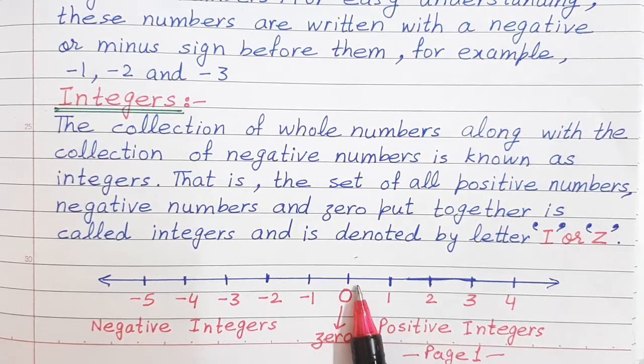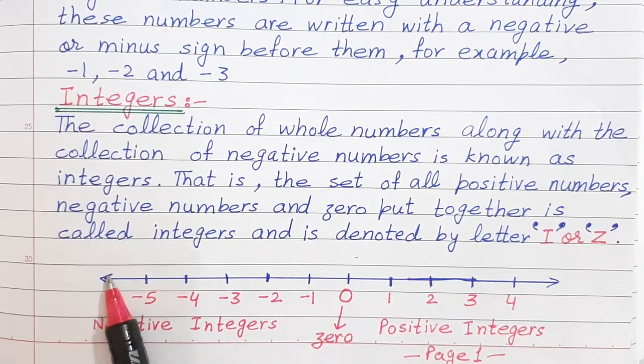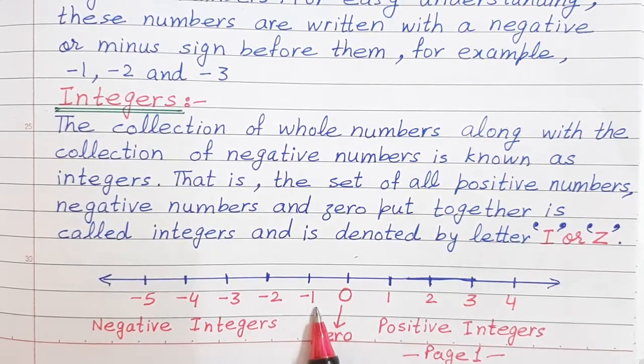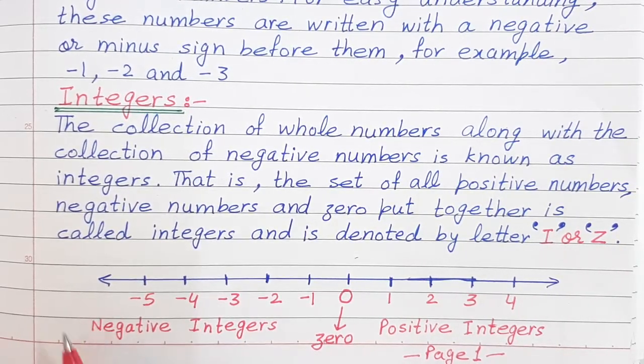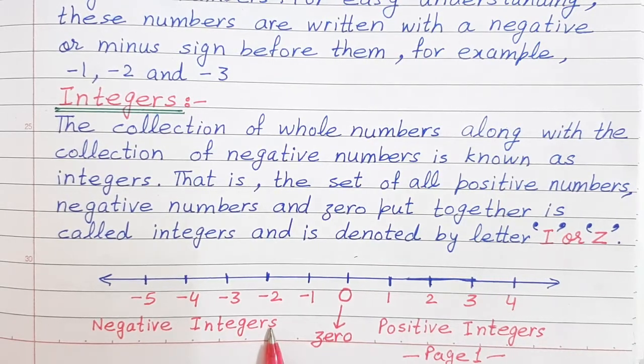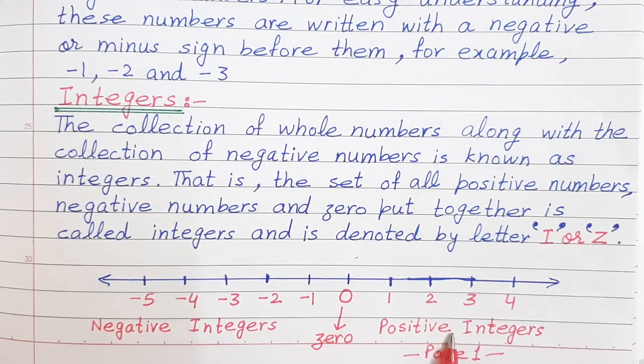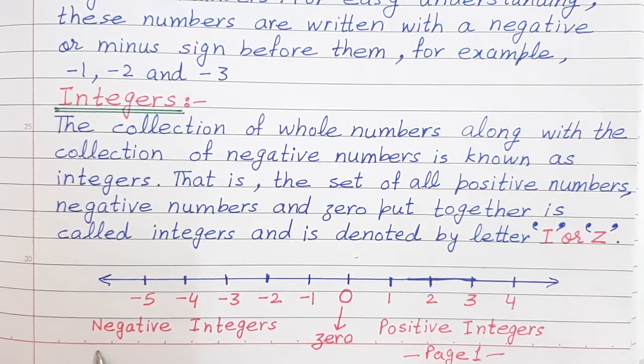And before 0, that is toward left side, the numbers are minus 1, minus 2, minus 3, minus 4 and so on. These numbers are called negative integers. I hope it is clear to everyone now what are positive integers and what are negative integers.